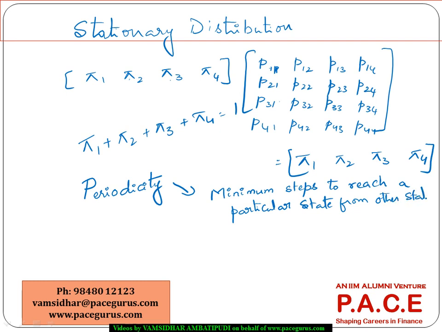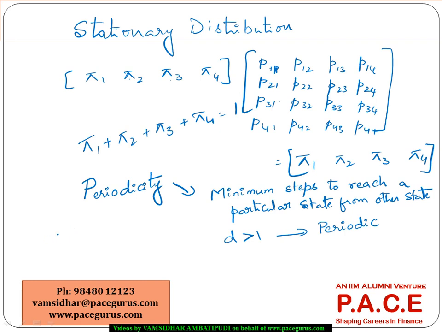Minimum number of steps to reach a particular state from the other state, especially if that is greater than 1, right? If that is greater than 1, we say that the process is periodic.